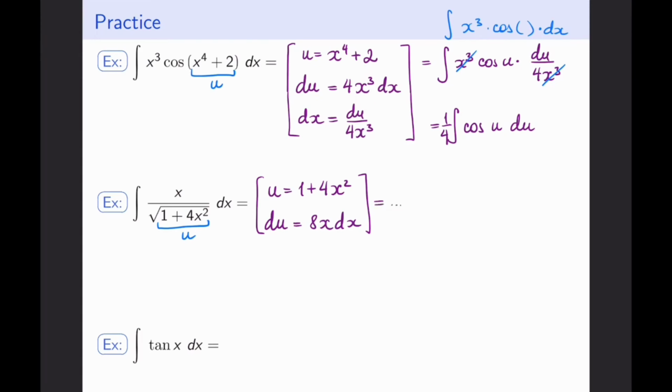This next integral is one of the first few that we're going to look at in terms of trigonometric functions. Tangent is not something that we know the antiderivative of very easily off the top of our head, but sine and cosine are much more familiar trigonometric functions to deal with. So why don't we rewrite this integral first of all in terms of sine and cosine, and then see if there's anything you can do. What we can try here is a substitution u equals cosine x, or a substitution u equals sine x.